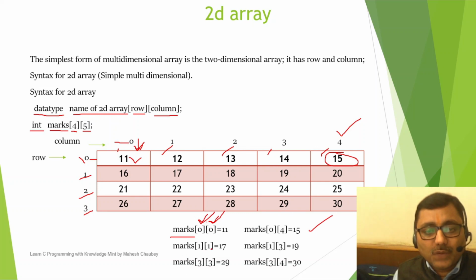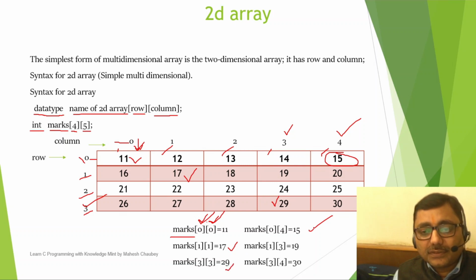Then if I say 1 1, it means the index for row is 1 and the index for column is 1. I will be targeting this 17. When I say 3 3, the index number for row is 3 and the index number for column is also 3.